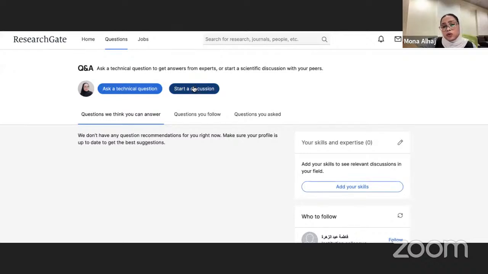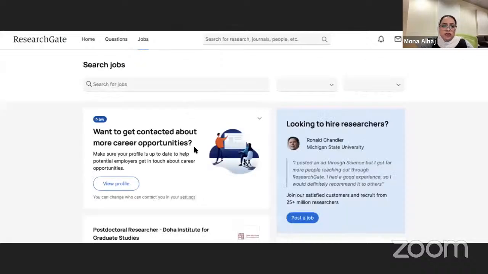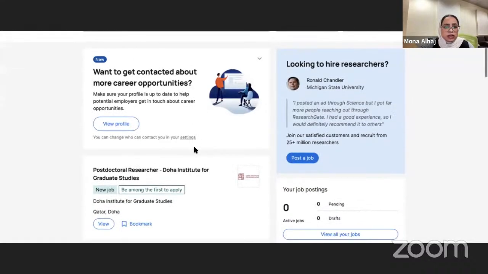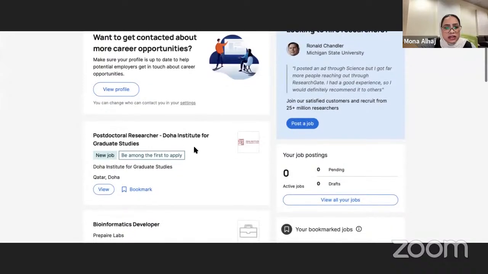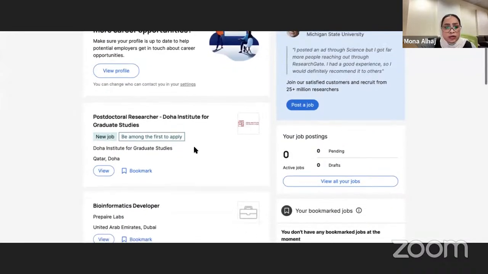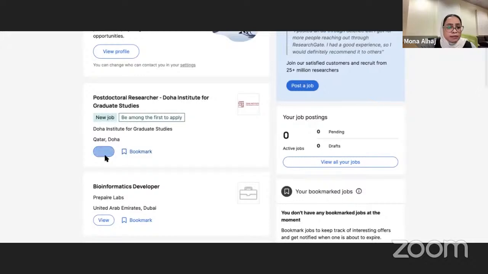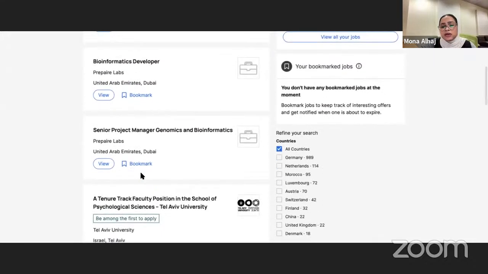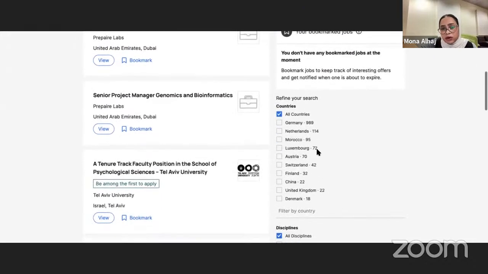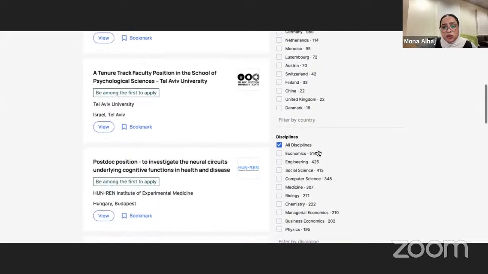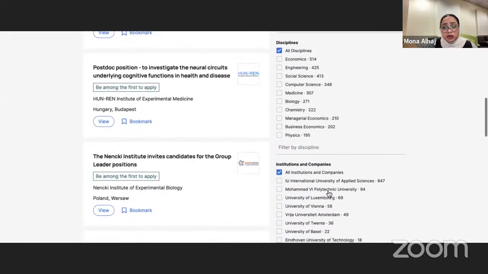You can follow the questions you asked, and you can follow answers to questions of your interest. Moreover, you can hunt for jobs. Most institutions post vacancies for research-related positions. You can bookmark them, view them, and even tailor them according to your preference: the country you want, the discipline, the institution, and company.